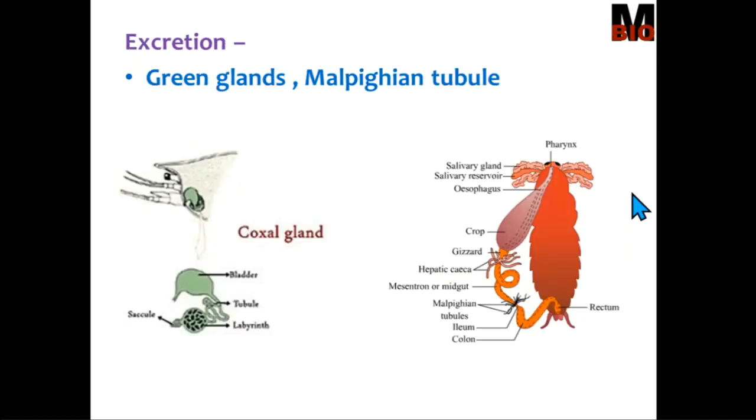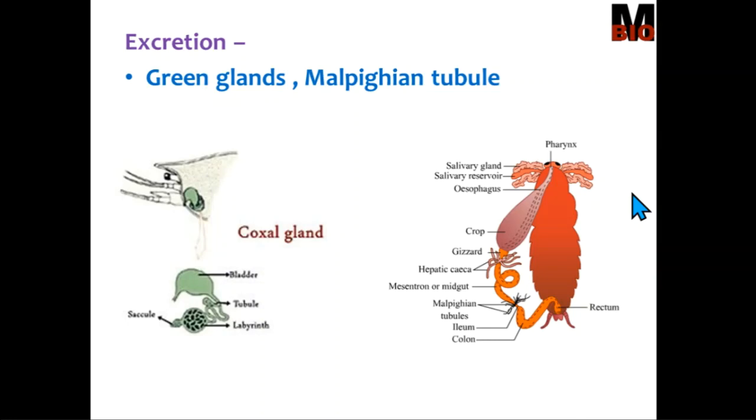Then, about their excretion. Excretion is the removal of waste material from the body. Excretion is mainly done through the activities of two structures: green glands and Malpighian tubules. Green glands are present in aquatic arthropods such as prawn or Penaeus.